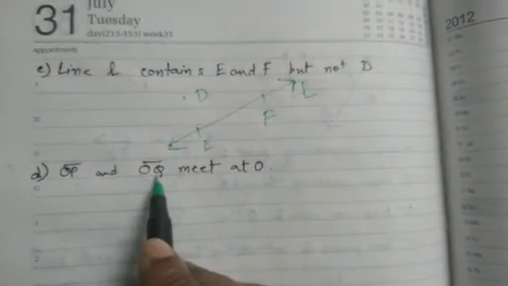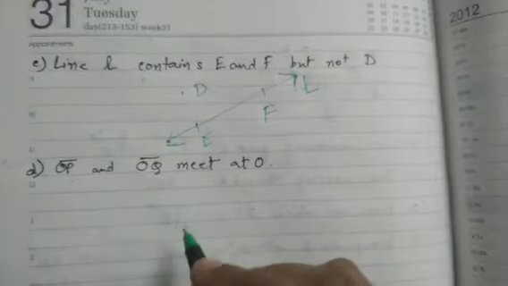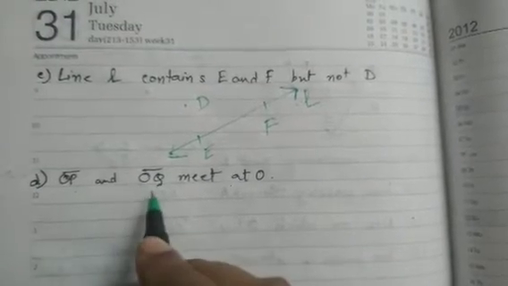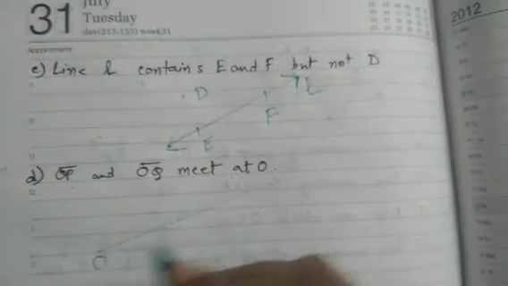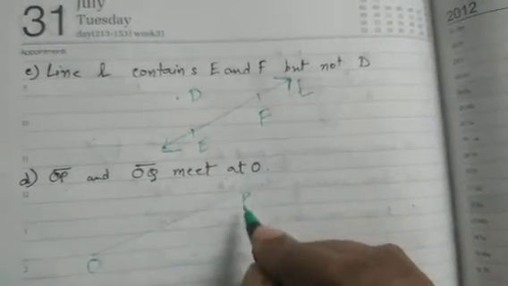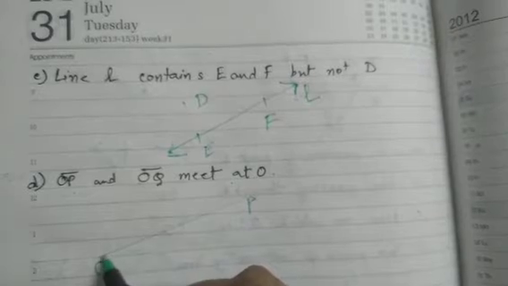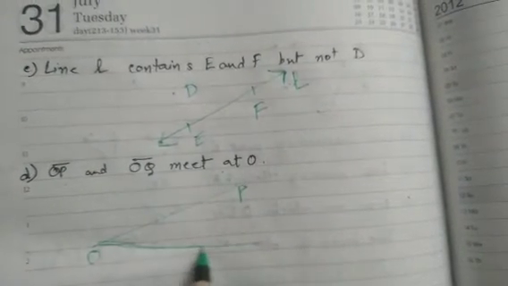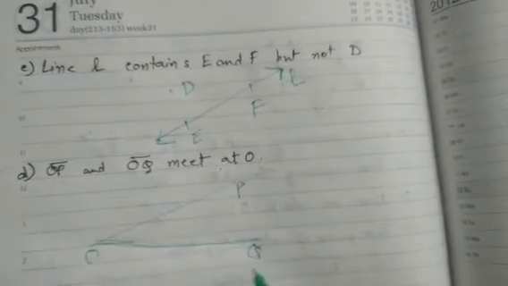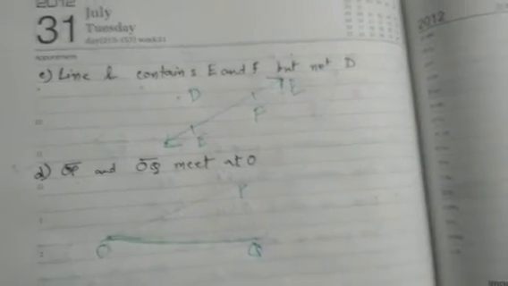OP, OQ which meet at O. So line segment OP and line segment OQ. So this is not a line but line segment OP. So obviously as O is common, I will draw another line segment OQ which obviously meets at O.